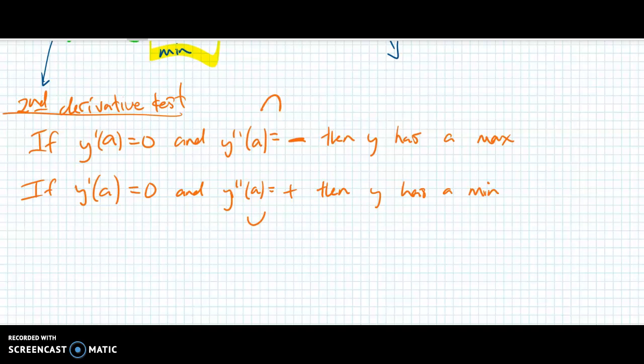And there's one more part to this. If y prime of a is 0, well, look, we got negative covered, we got positive covered. What other options could there be? Well, y double prime of a could be equal to 0. And then what's that mean? It means that the second derivative test is inconclusive.